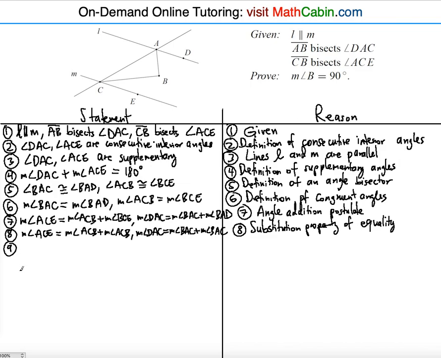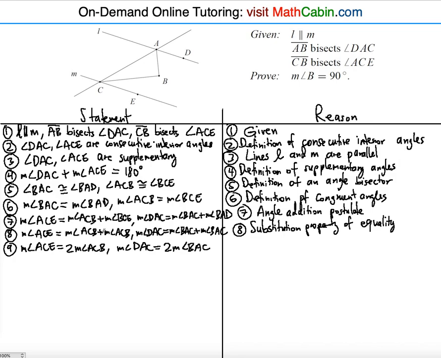Now the next statement, notice that we can use substitution again because we have to simplify these two, right? We have to simplify. So measure of ACE is equal to twice measure of ACB, and the measure of DAC is equal to the twice of the measure BAC. And this is a substitution, right?